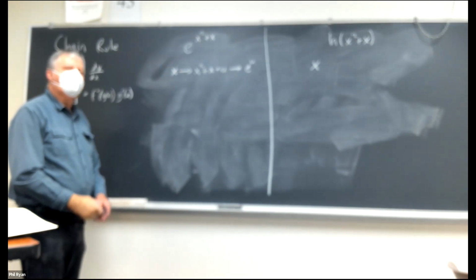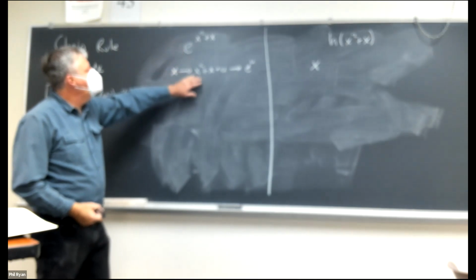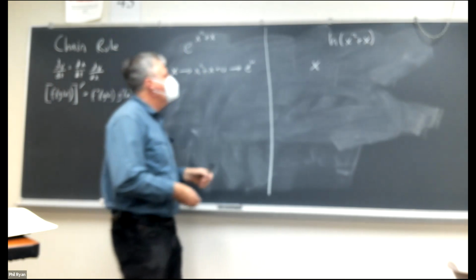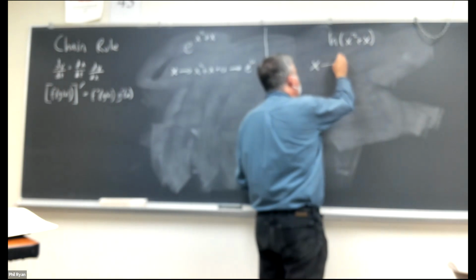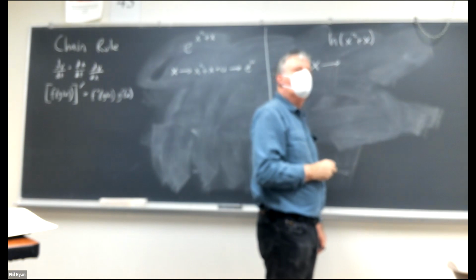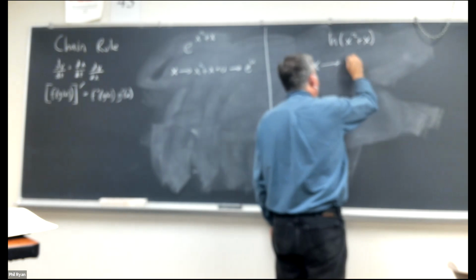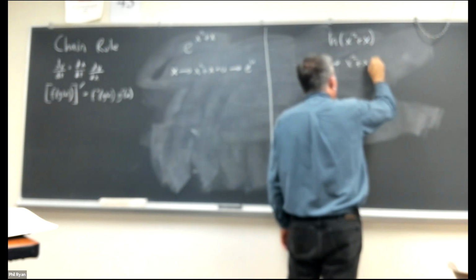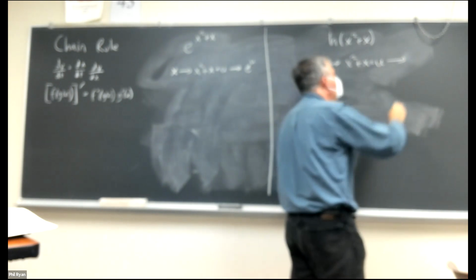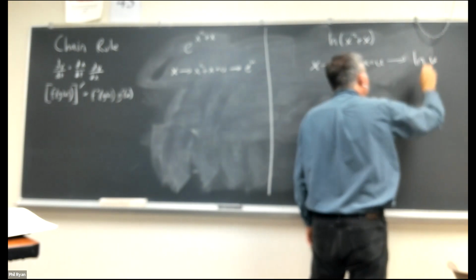A nice chain, right? Complicated, simple, simple. That's what our chain has to be. Let's do this chain. What would we do here? x squared plus x. Again, I'll call it u, but this time it goes to ln of u.